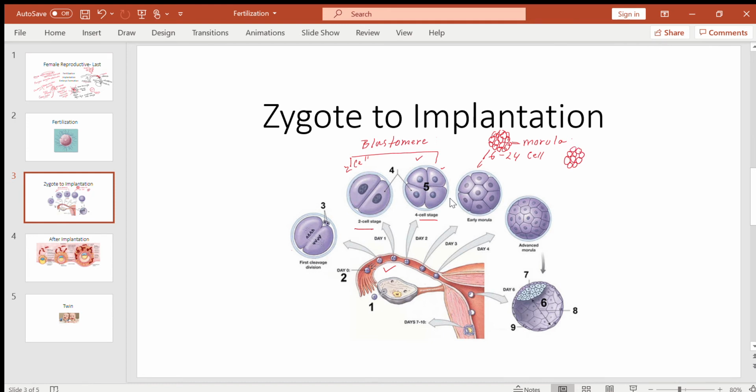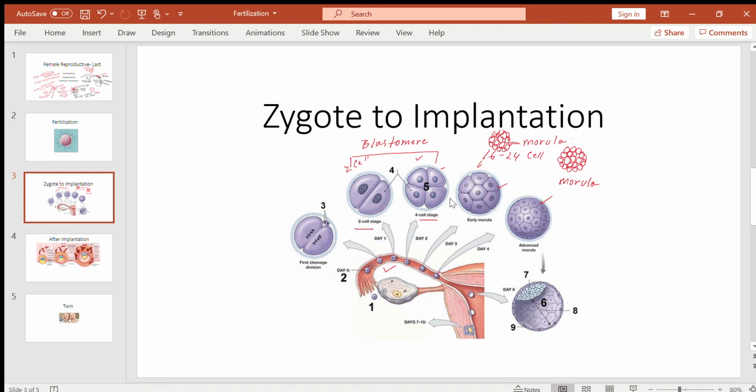Still it is a solid ball of cells. Okay, so this is morula advanced. So this is early morula, this is advanced morula.